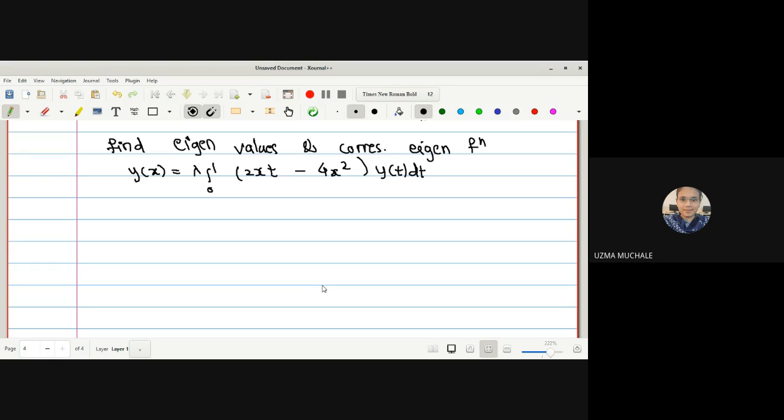Ma'am, lambda is 1 plus or minus i root 80 divided by 9. No, it is wrong. Can you please tell me what equation you have obtained? 9 lambda square minus 2 lambda plus 9 is equal to 0.